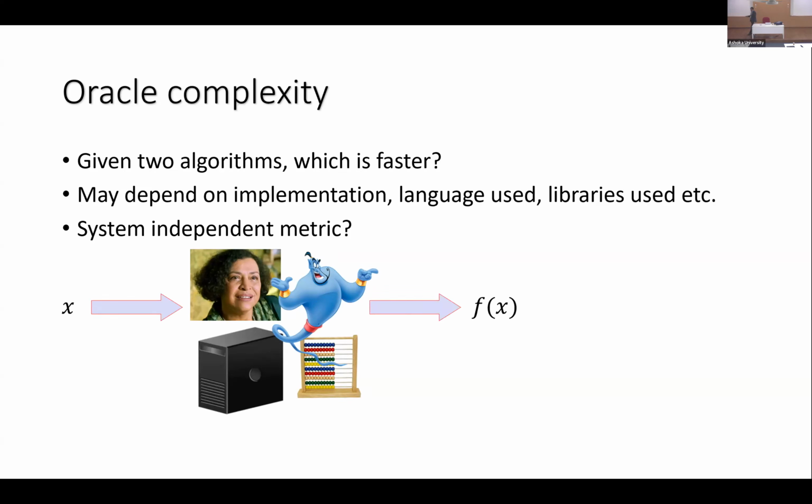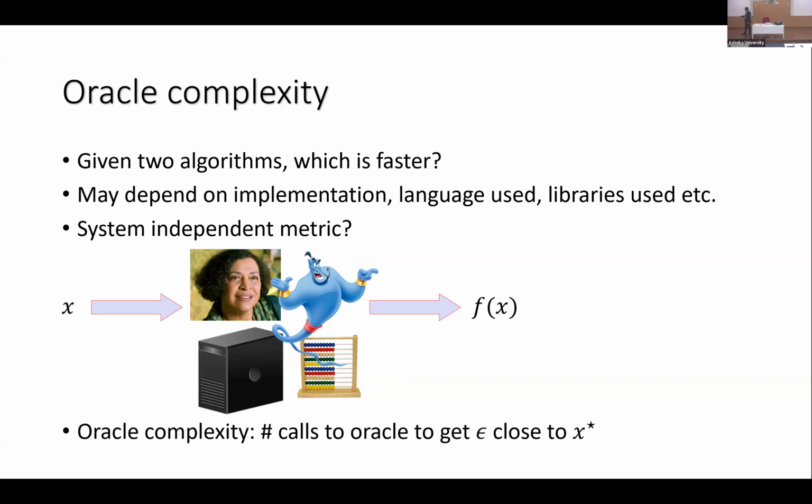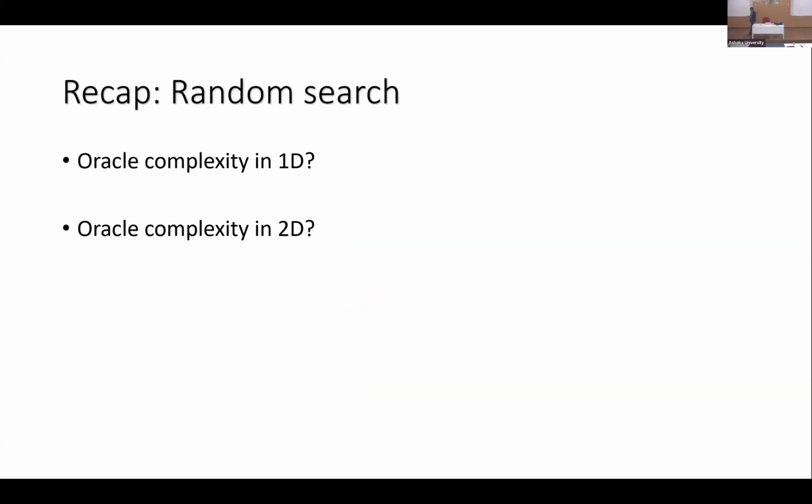And then I can just count the number of calls that I need to make to this oracle. I want to minimize the number of calls that I make to this oracle. So now what I have done is abstracted away all the dependence on the implementation. Whatever the implementation dependence was, like your code was faster or whatever, that is all abstracted away, and this just becomes a black box. So this is one metric that we will use.